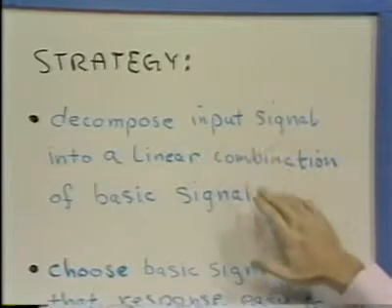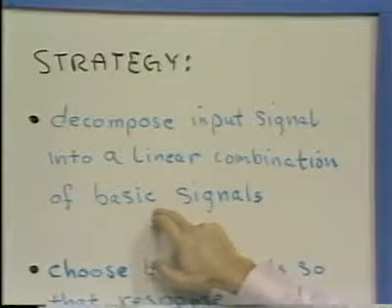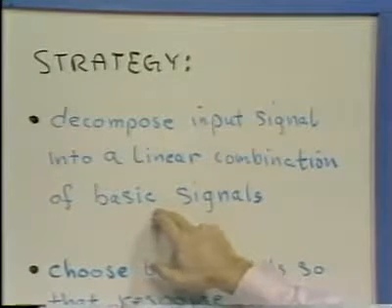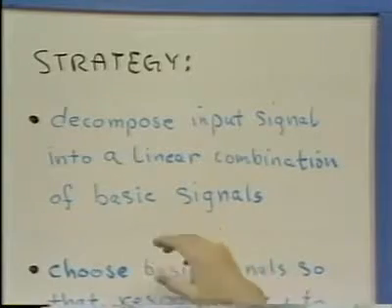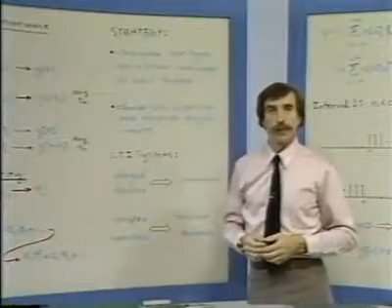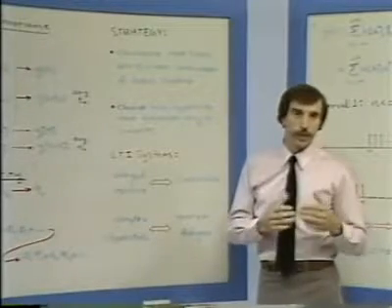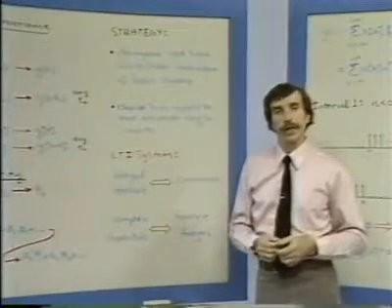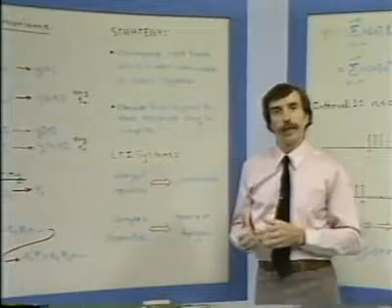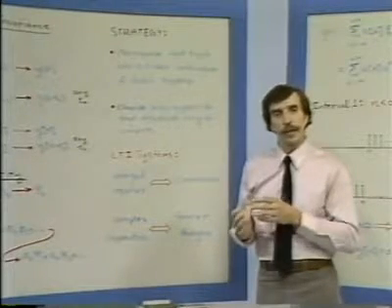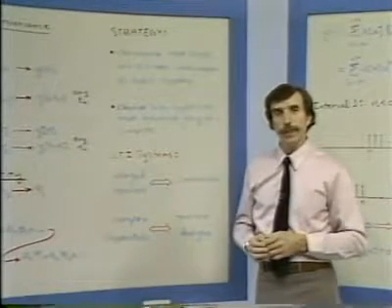And the question then is, what basic signals should we pick? Well, the answer is we should pick a set of basic signals that provide a certain degree of analytical convenience. So we choose a set of inputs for the decomposition that provide outputs that we can easily generate.